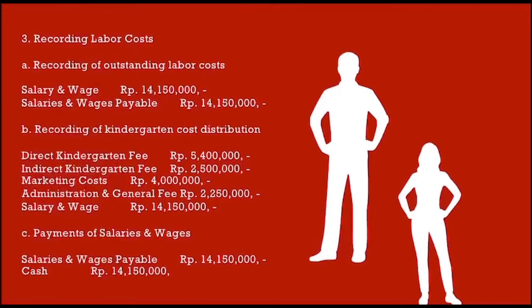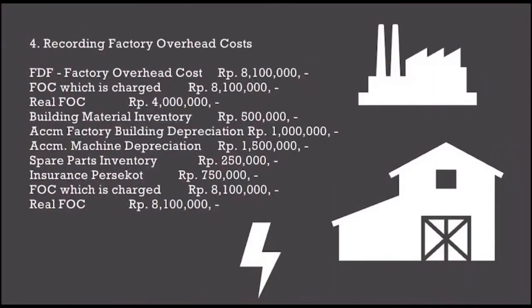And C, payments of salary and wages. Salaries and wages payable is the same as the recording of outstanding labor costs, but the difference is it is with the cash, because the salary and wage payable are already paid in cash to the employees.